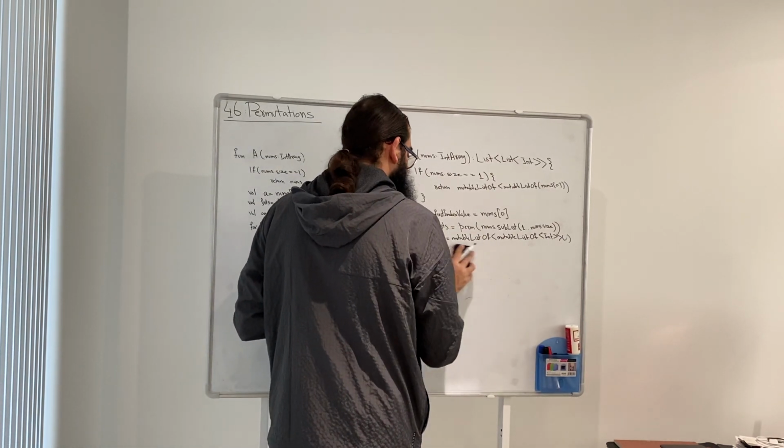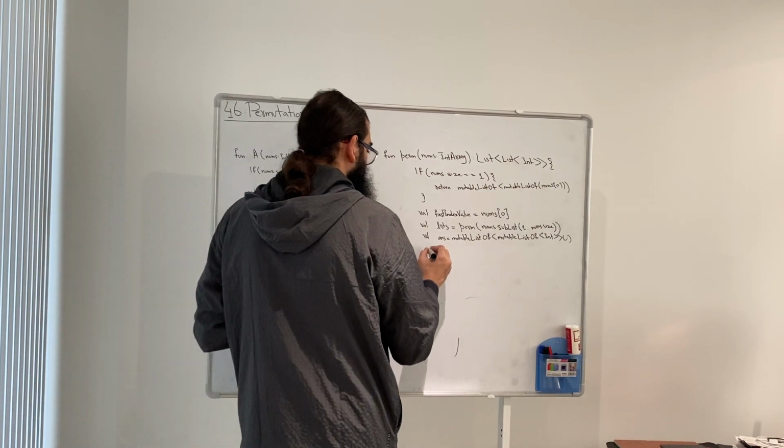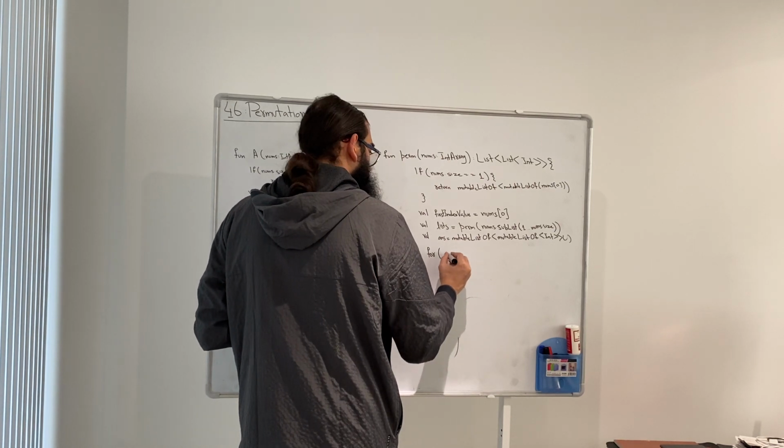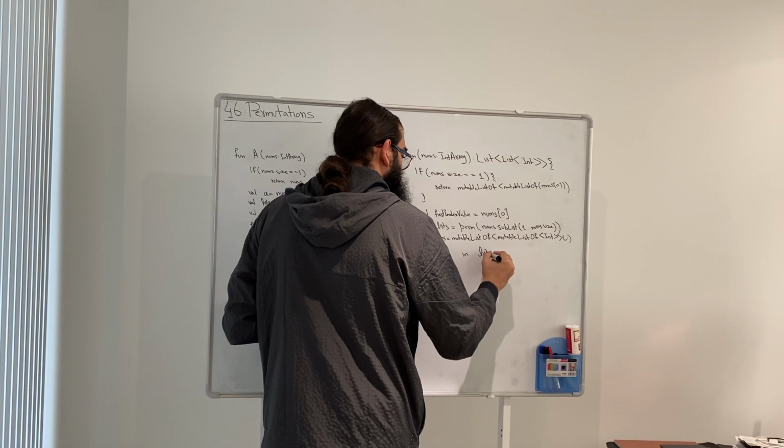Cool. This is done. Then the simple calculation which we already completed: a for loop for all the answers which we have in the list.